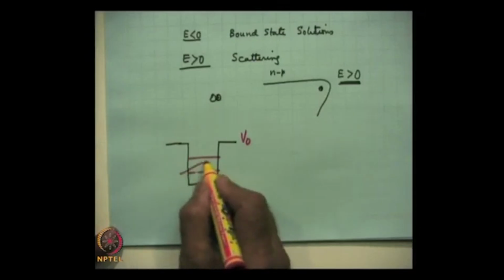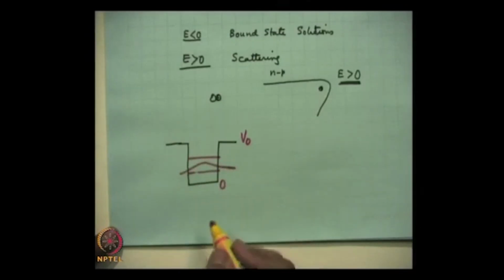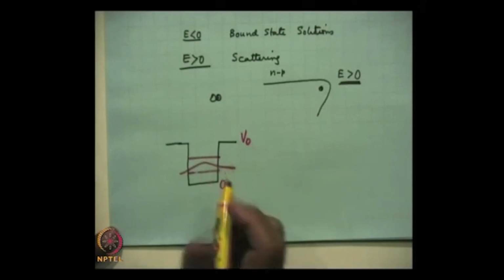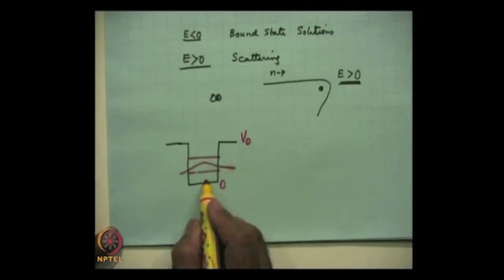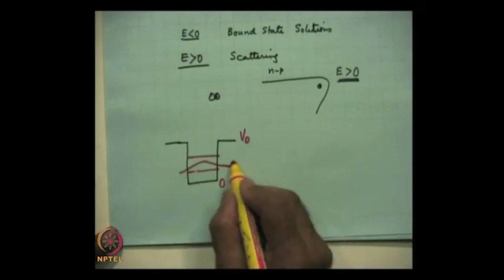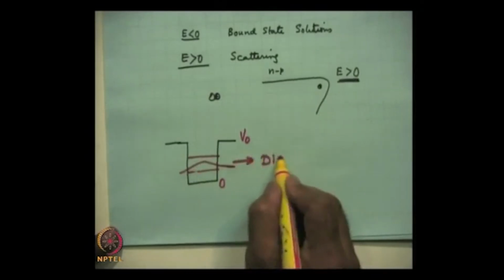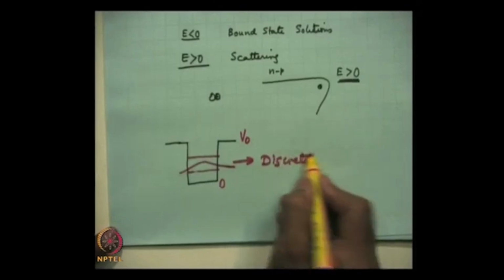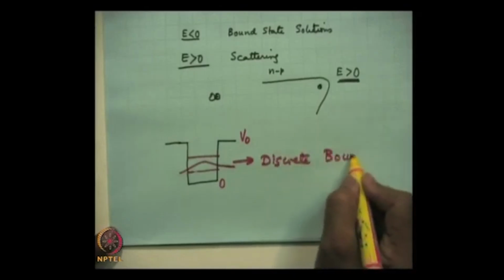You have wave functions which are exponentially decaying here, so they are tightly confined and localized, and the energy eigenvalues are discrete. These are known as the discrete bound states.